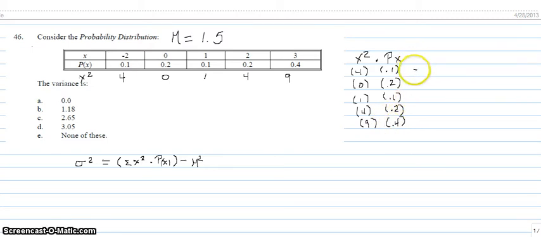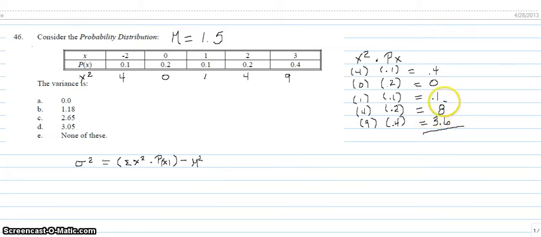All right. So that equals 4 times 0.1 is 0.4. 0 times 0.2 is 0. 1 times 0.1 is 0.1. 4 times 0.2 is 0.8. And 9 times 0.4 is 3.6. All right. Now we need to add all of that up.